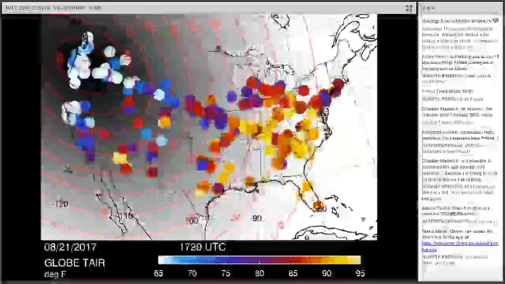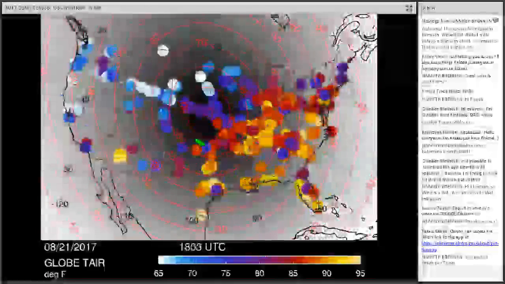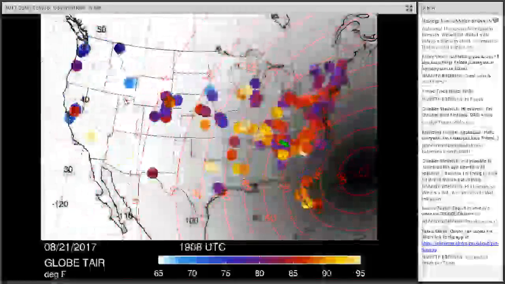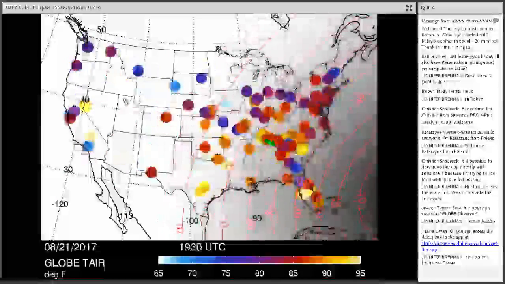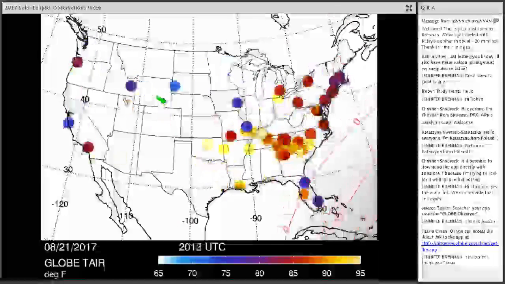You can see the lunar shadow moving over the United States, and as it passes over, people have lined up in the path of totality and are taking a bunch of temperature observations. And as the lunar shadow leaves, everyone goes home, gets caught in traffic jams, and all sorts of other fun.